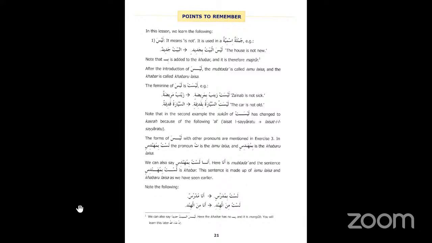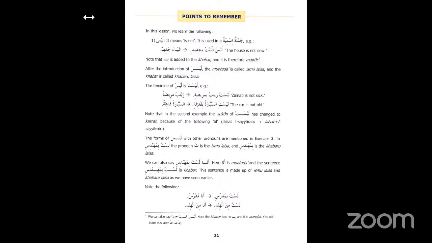After the introduction of laysa, the mubtada is called ismu laysa and the khabar is called khabru laysa. The feminine of laysa is laysat. For example, Zainabu maridatun, Zainab is sick, will be laysat Zainabu bimaridatin, Zainab is not sick. السيارة قديمة becomes ليست السيارة بقديمة, the car is not old.